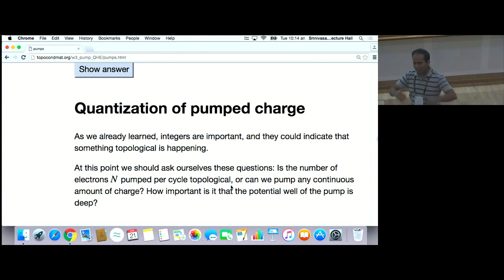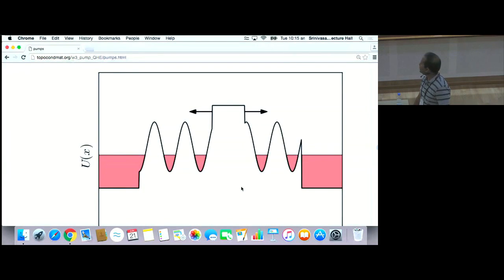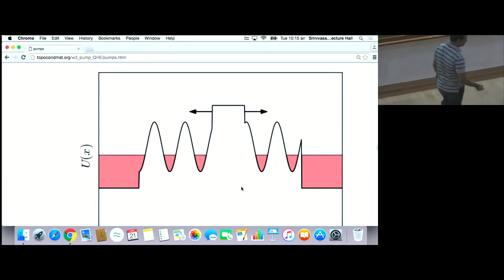So you might worry that this quantization is approximate, and if you make the barrier not infinitely high, it'll only be approximately quantized. But it turns out that's not true. It's actually exactly quantized. To understand that is a little subtle.